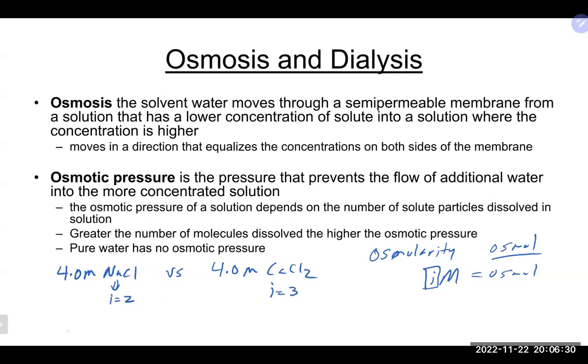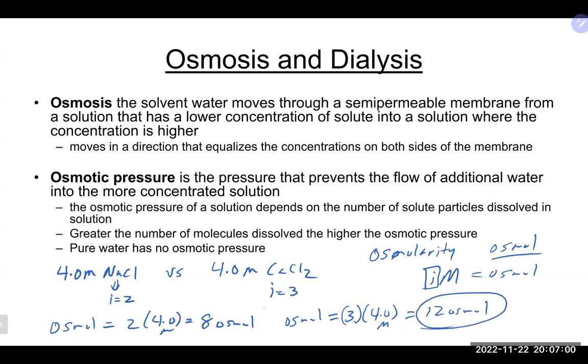So the osmolarity of sodium chloride in the solution would be 2 times 4, which would give us 8 osmolarity, while the same 4 molar solution of calcium chloride would give us an osmolarity of 3 times our 4 molar, which gives us 12 osmolarity.